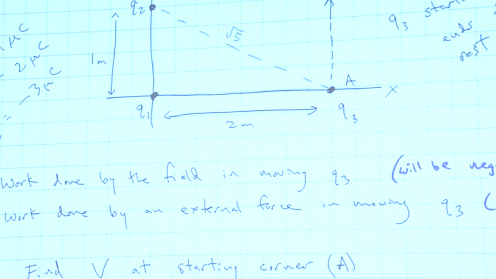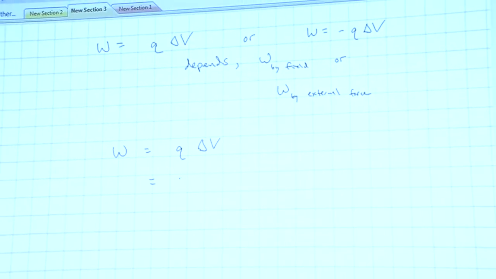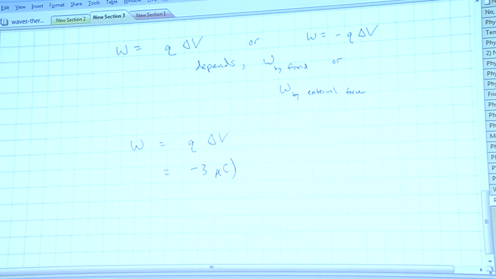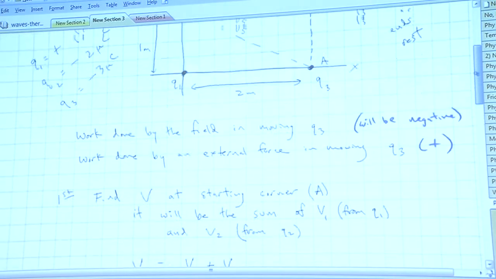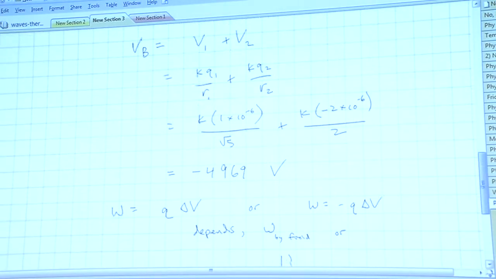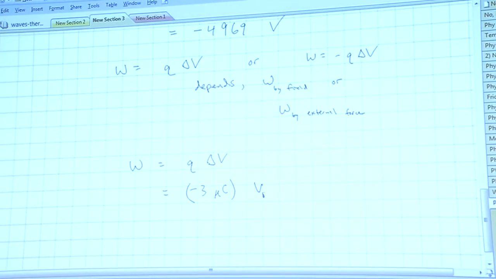A -3 and delta V is final minus initial. I'll just write it out: VB minus VA, final minus initial.